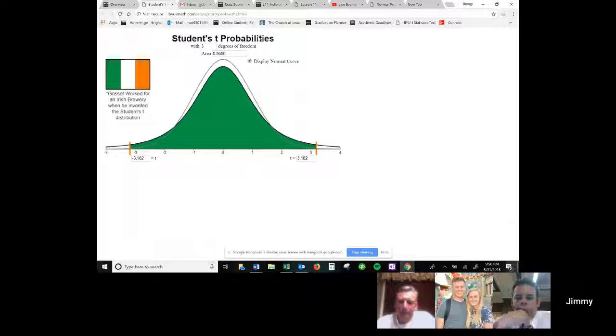So if you know your probability, you know your standard deviation, you know your N, you go to that, get the T-score, do your math, and that should be the margin of error. Yep. Okay. All right. Cool.